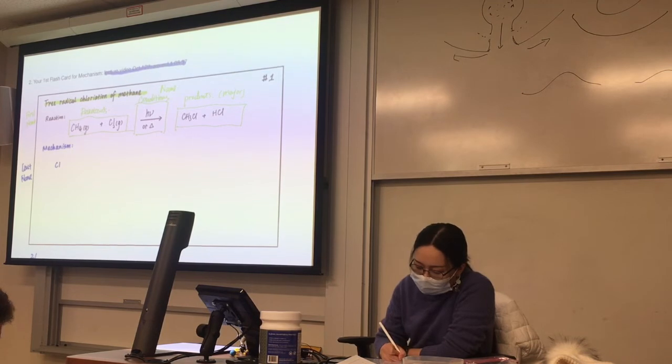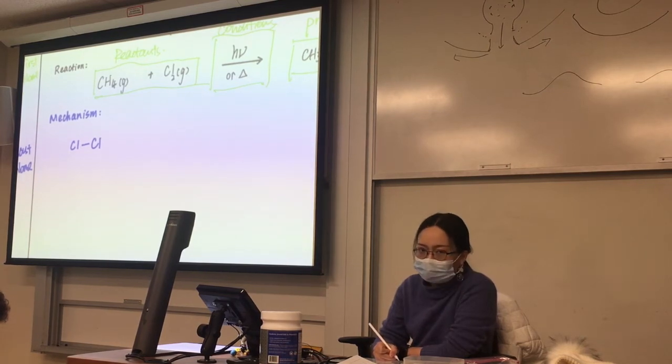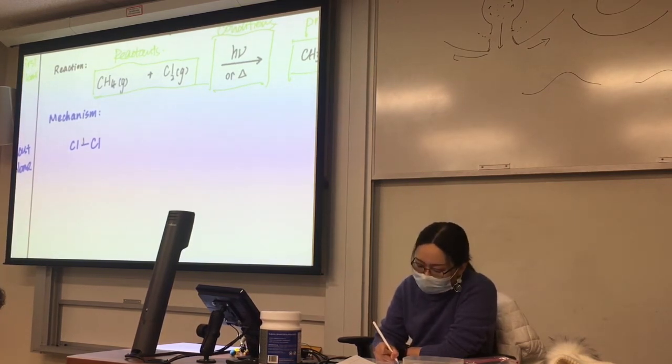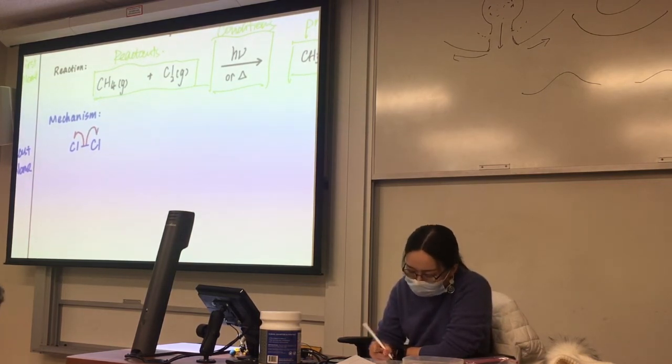So the first step, you probably have learned that this is a radical mechanism, right? On your lecture slide, it's a single-ended arrow. I know your lecture slide is black and white, but this is under hν.